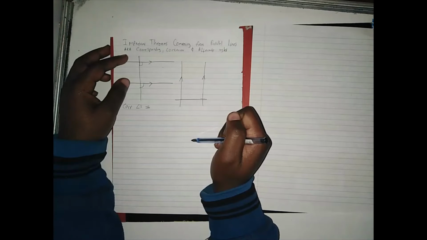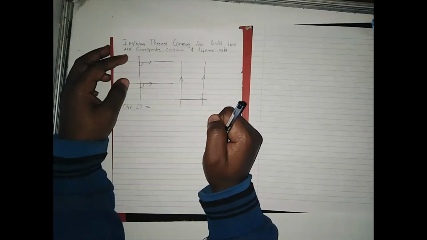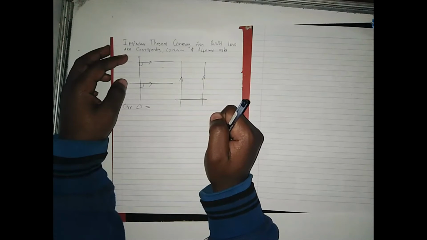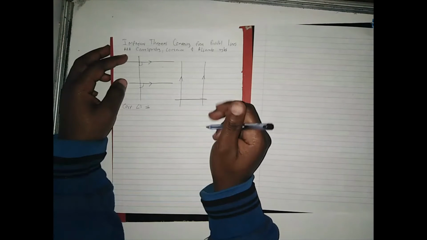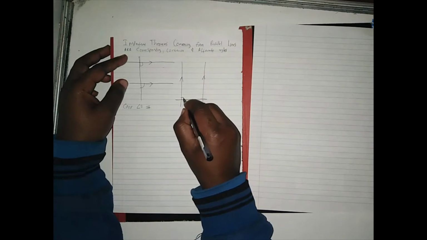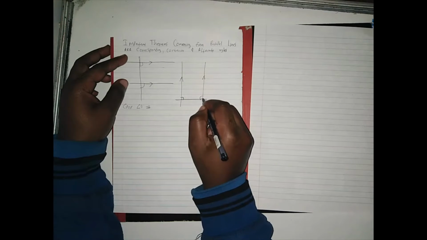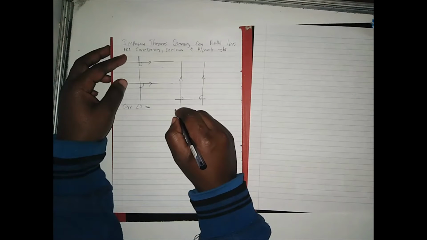Now, geometry says that if you've got these kinds of lines parallel to each other and cutting this one line at different points, then if you add this angle and this angle, you must get 180 degrees.